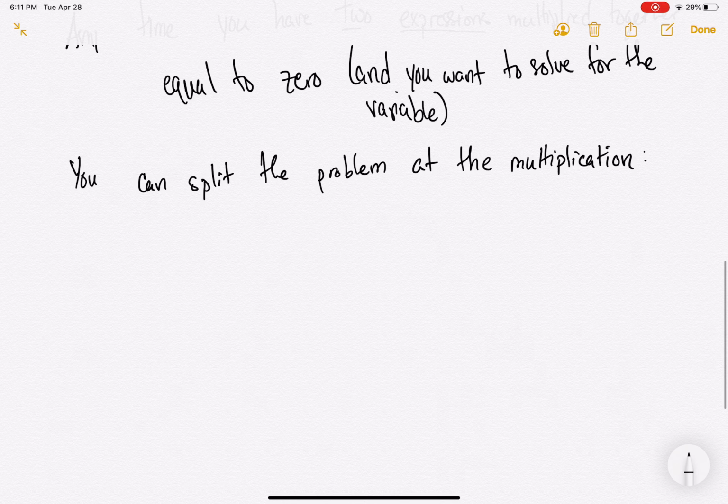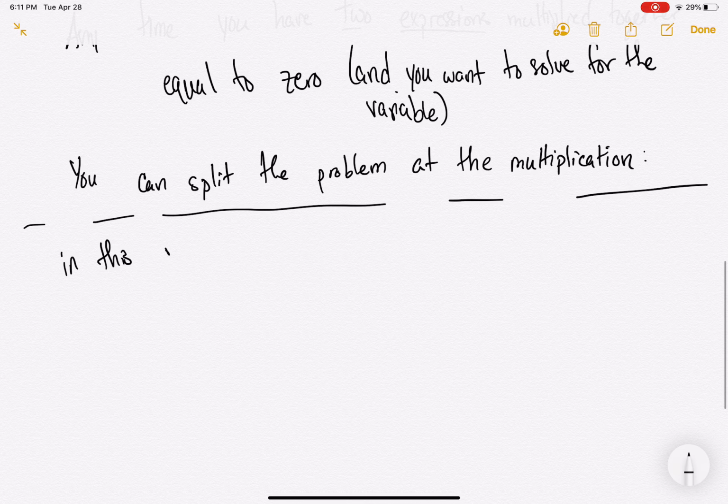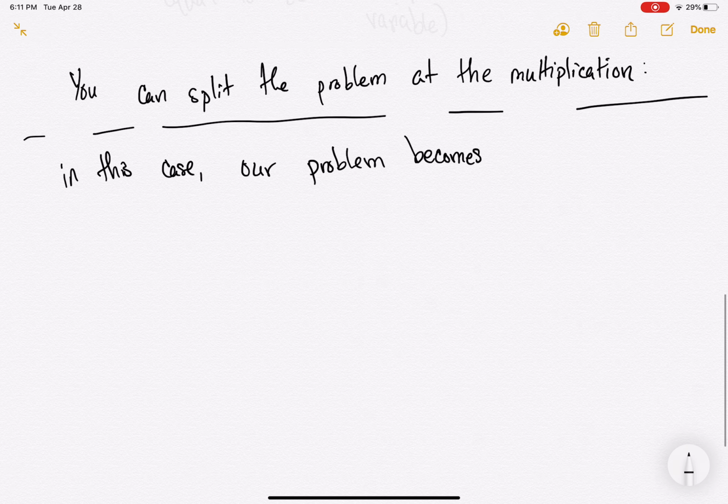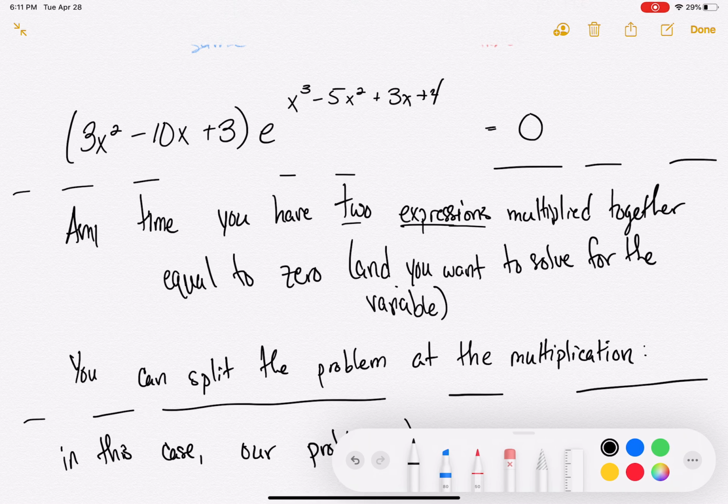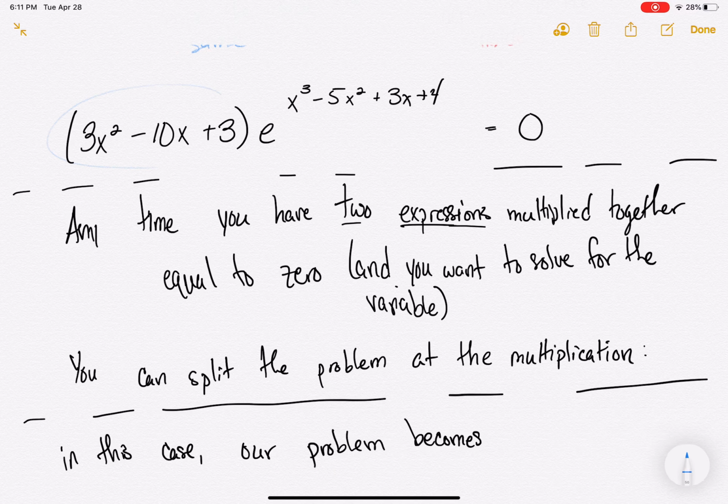In this case, our problem becomes: we want to solve this first term, this in blue.